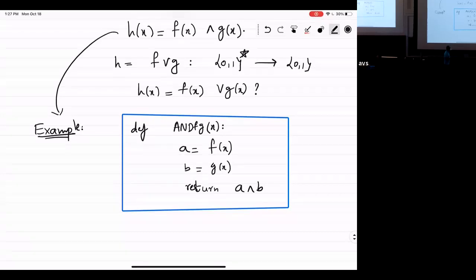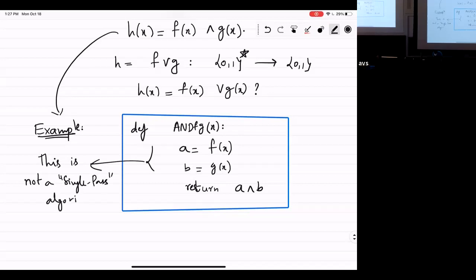In the definition of DFAs, this is not a single pass algorithm, even if f and g were single pass. f was reading one bit at a time, but to restart the computation, I need to read one bit at a time from the beginning, which is not a single pass algorithm.